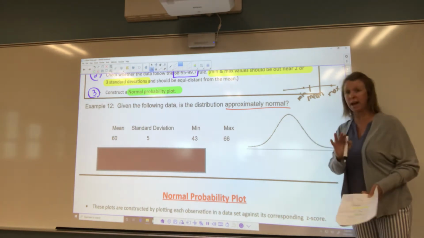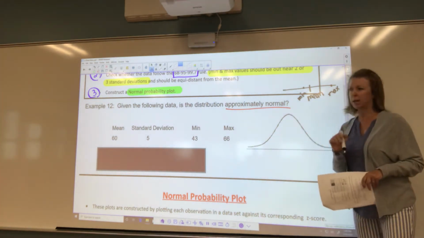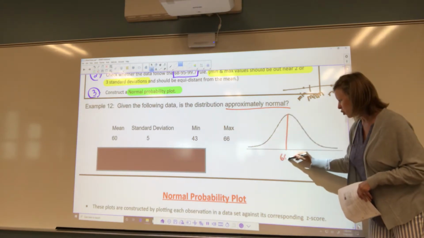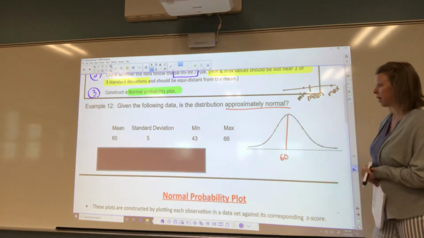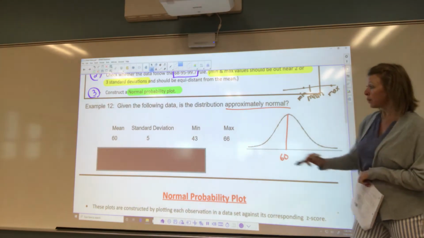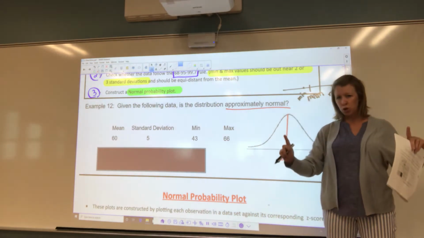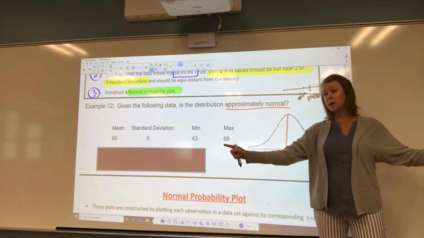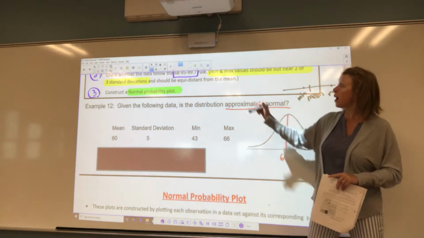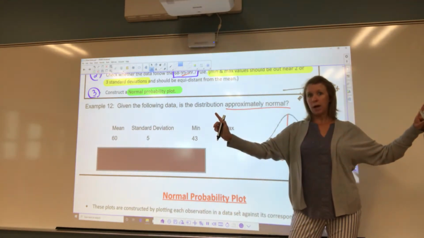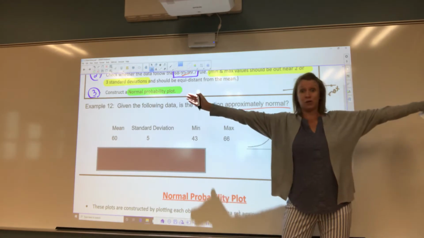So let's just pretend that maybe this set of data is normal. If it is, then the mean, 60, should fall right there, okay? And I would expect the min and the max to be out at least 2 or 3 standard deviations from the mean, because if you go out 2, then you've included 95% of your data, and the min and the max should be the farthest ones out there.